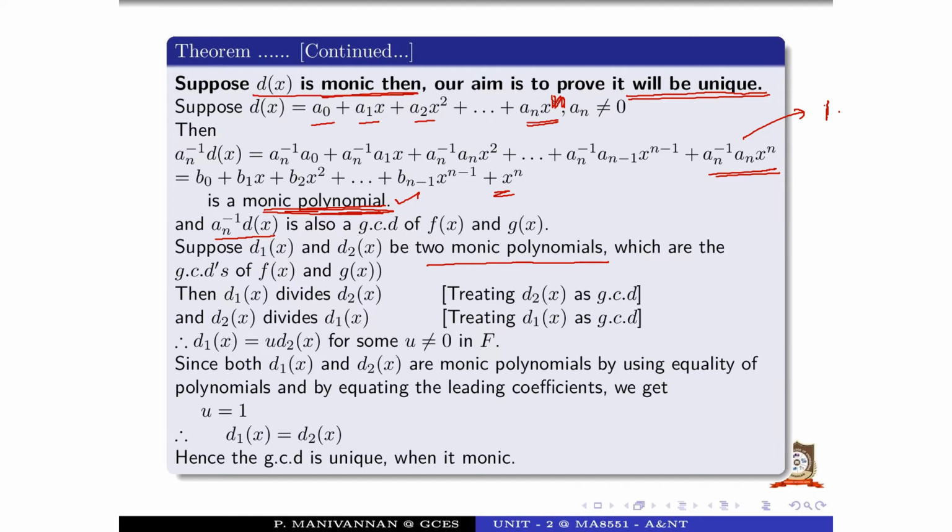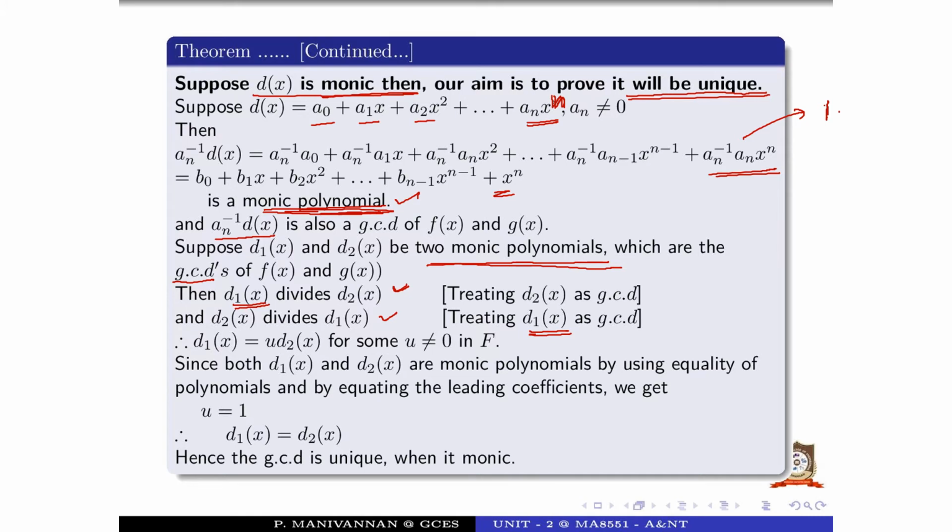Since d2 is a GCD, d1 of x divides d2. So d1 is the smallest value. If d1 is GCD, then d2 of x divides d1 of x.